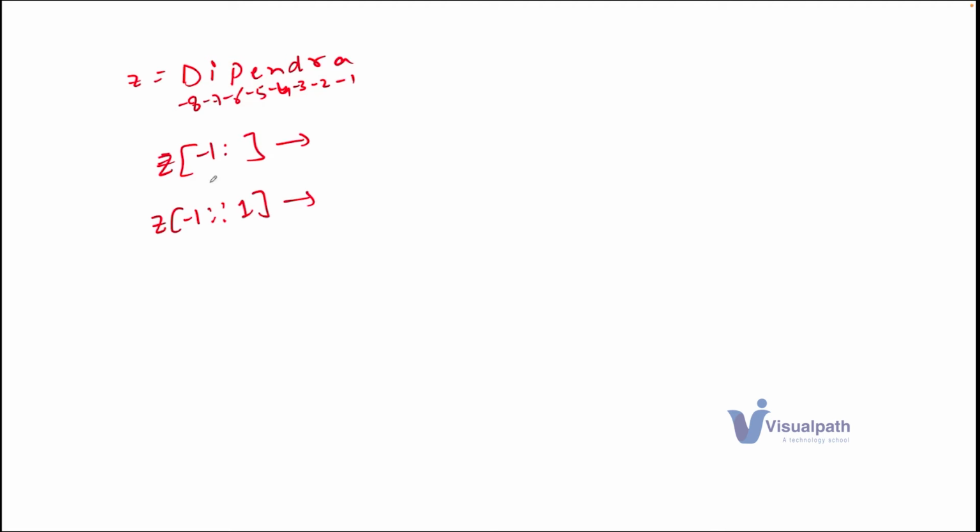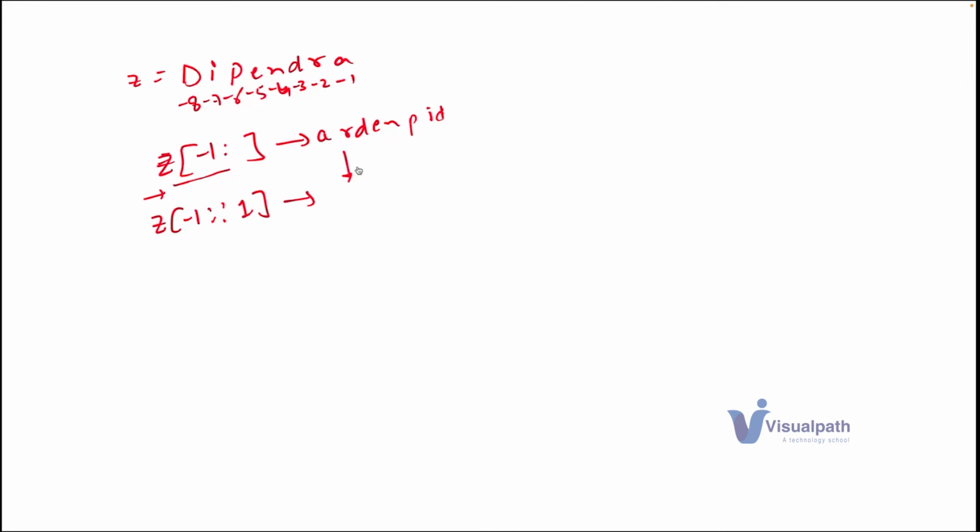Anyone? Because both are different in a sense. Anyone would like to tell me what the output of Z of -1 colon would be? It will give you A, R, D, E, N, P, I, T. Then I said the default increment is always 1, so ideally even this has to give the same output.